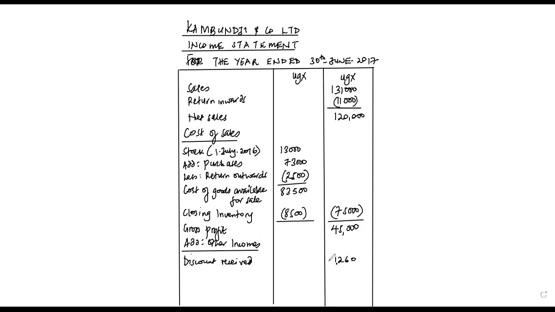That is your discount received, and it's the only income which we have in this case. So we add it to the gross profit to get what we call total incomes.